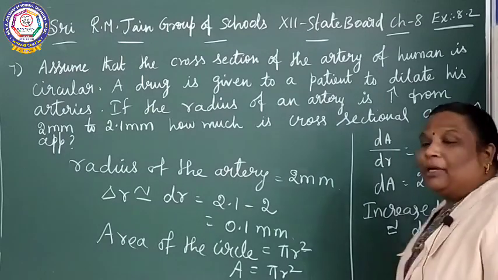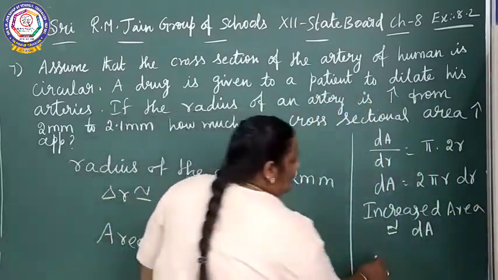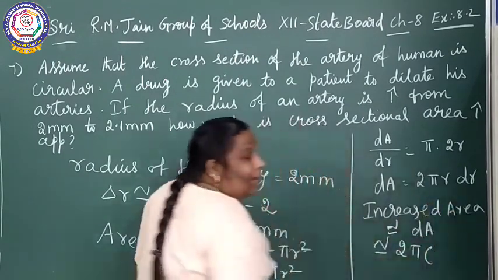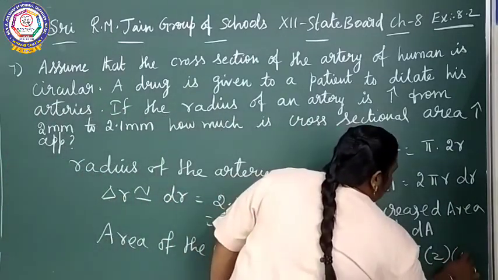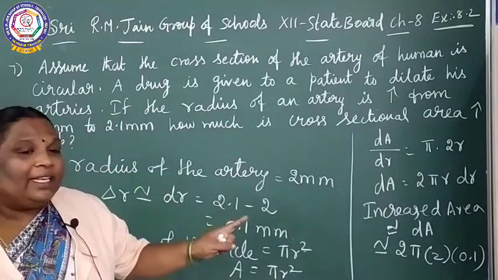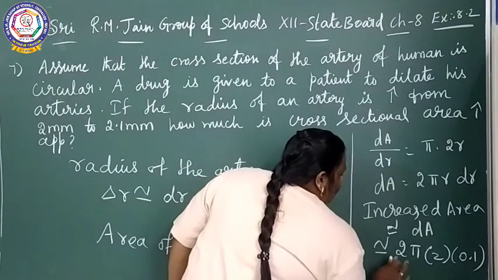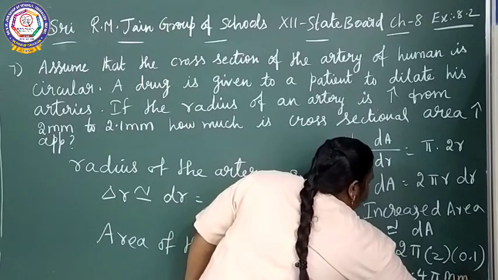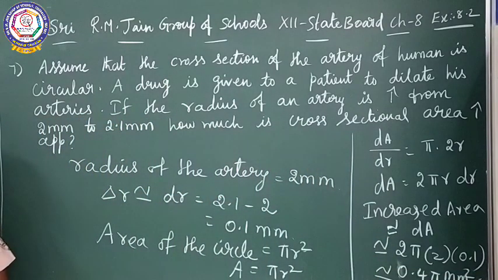What is dA? It is 2 pi into R, and the R value is 2, and dr is 0.1. So the increased area is approximately 2 2s are 4, 0.4 pi mm square.